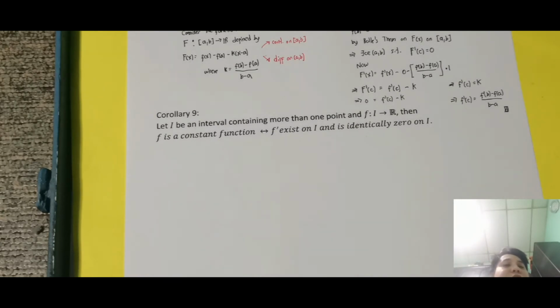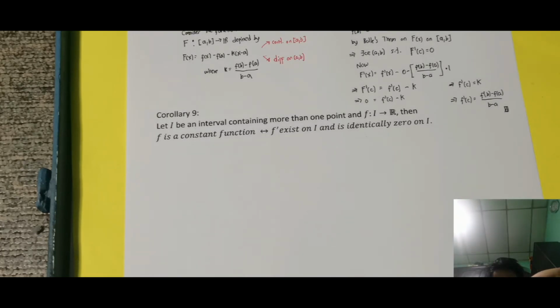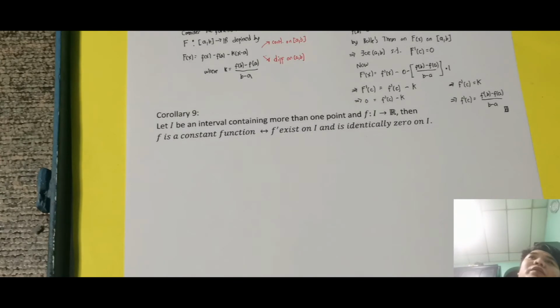Then f is a constant function if and only if f prime exists on I and it is identically 0 on I. So if f is a constant function, then f prime exists on I and is identically equal to 0. Obviously, if it is constant, its derivative is 0, whatever value I substitute. Conversely, if f prime exists on I and is identically 0 on I, then f is a constant function. Since this is a biconditional, there are two proofs.